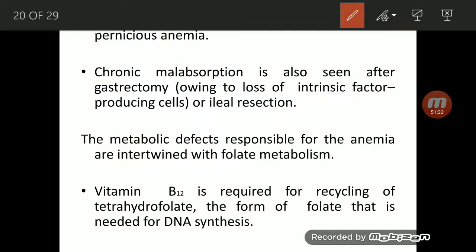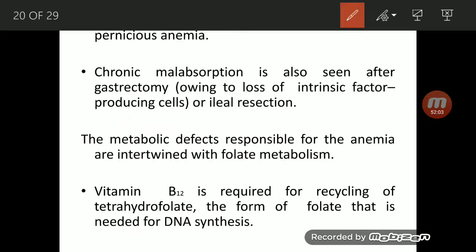In pernicious anemia, your own body's antibody goes and destroys your own cells. In this case the target is your parietal cells. If they are destroyed, intrinsic factor is not produced, and absorption of vitamin B12 is not going to take place.